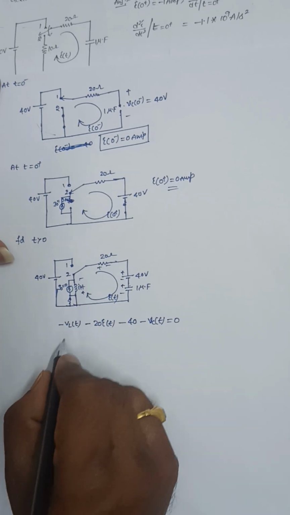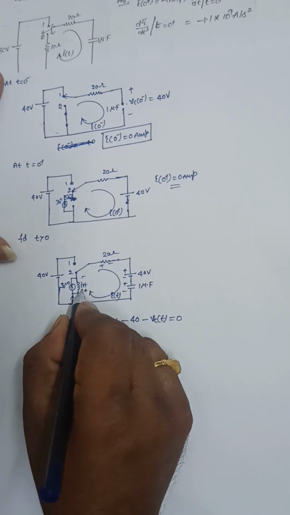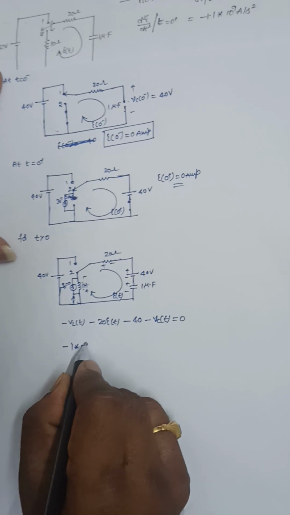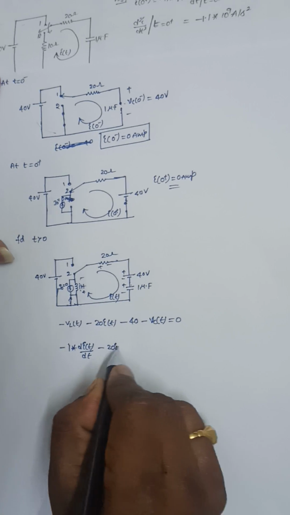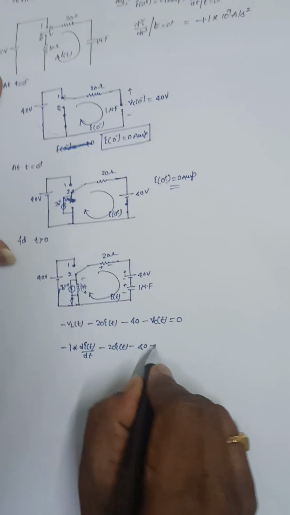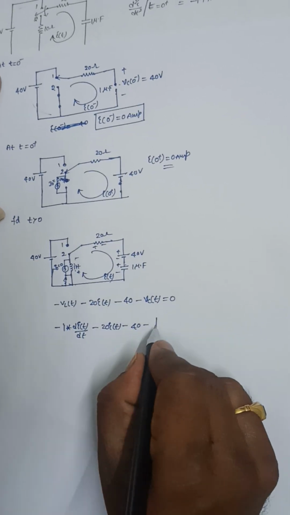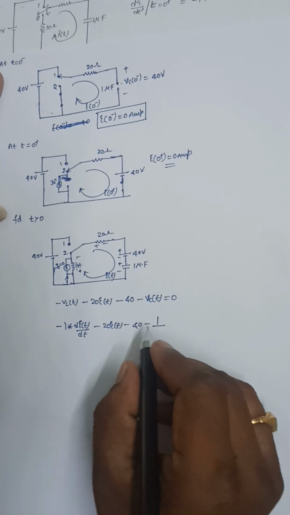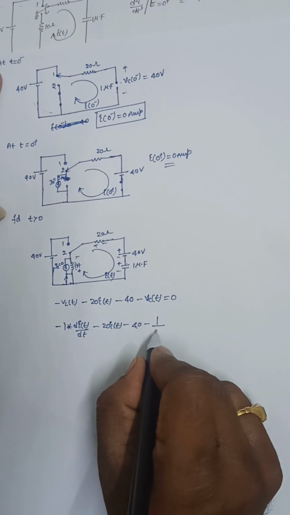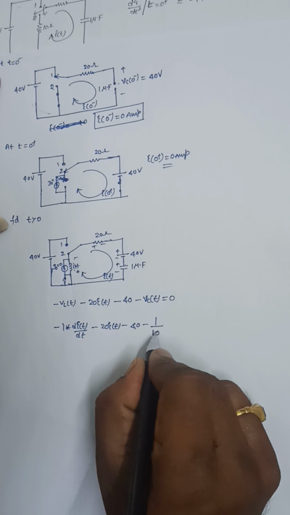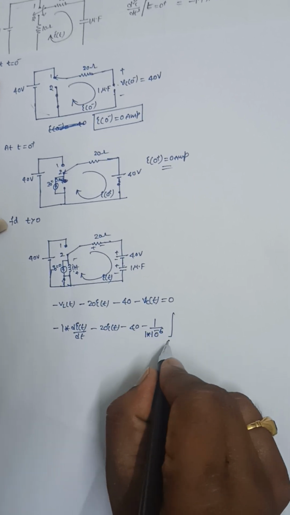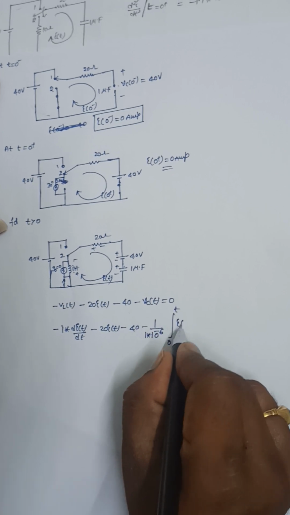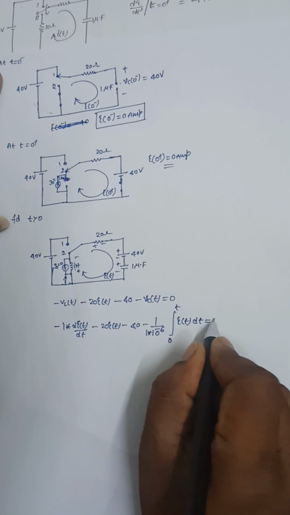The voltage across the inductor is L into di by dt, with L value 1. The voltage across the capacitance is 1 by C into integral i of t dt. So 1 by C value is 10 power minus 6, because 1 microfarad is 1 into 10 power minus 6, integral 0 to t i of t dt, equal to 0.